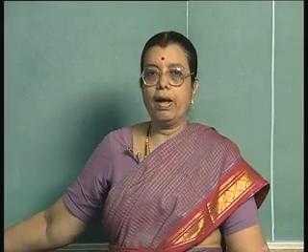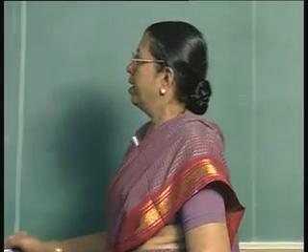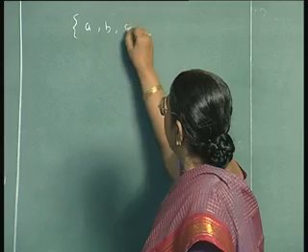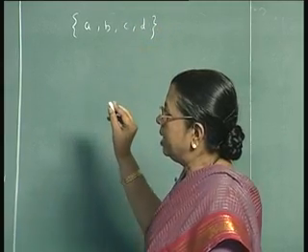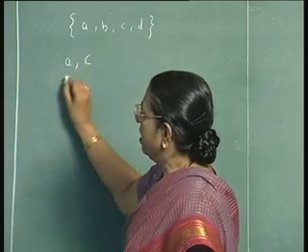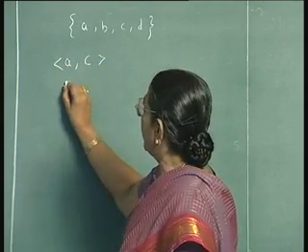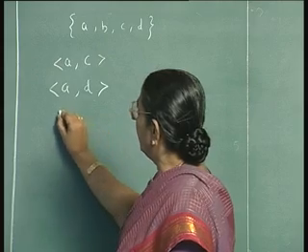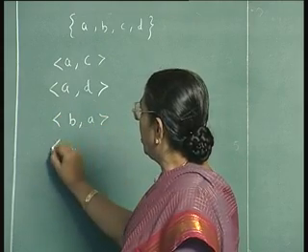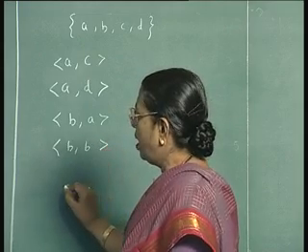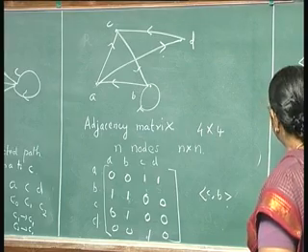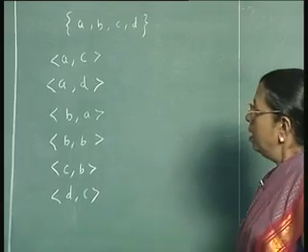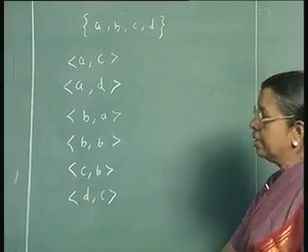For example, you can represent all the edges by listing them from A. The vertices are taken in this order, say A, B, C, D. So, see what are the edges leaving A. A comma C is the edge leaving A, and A comma D is also an edge leaving A. Then from B you have B A, you have B B, and then you have the edge leaving C, C B, and then D C. We can list the edges in this manner. This is one way of representation.